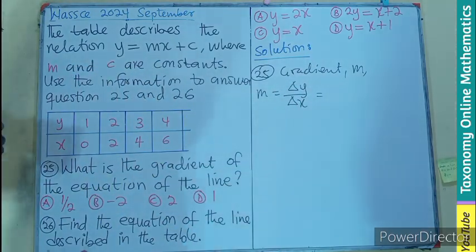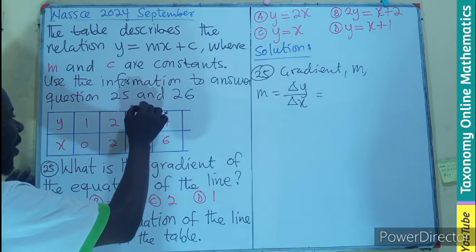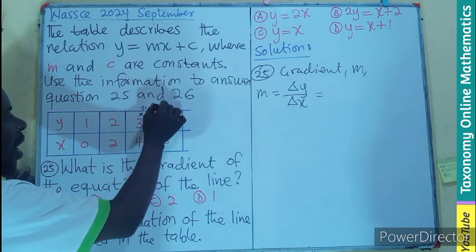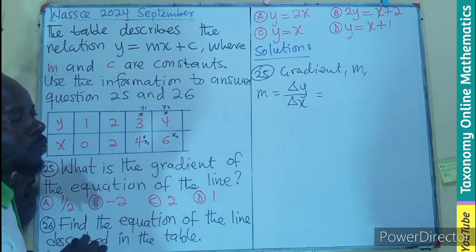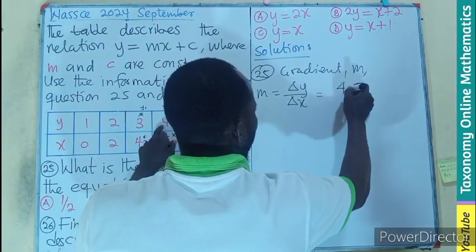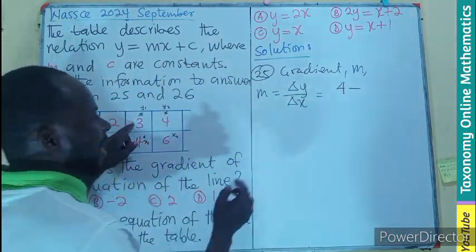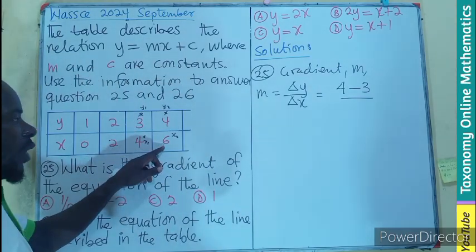If you pick any 2 points, let's say we are picking this point and this point, this becomes y1, y2, x1, x2. So we are finding the changes. That will give us 4 minus 3, the change between the two y values.